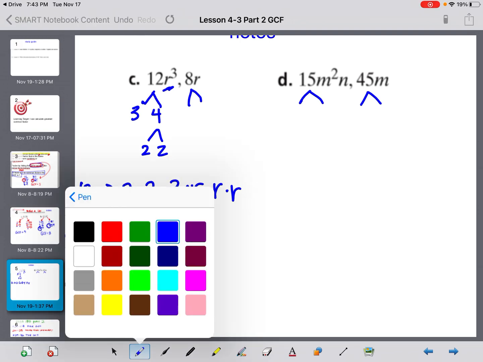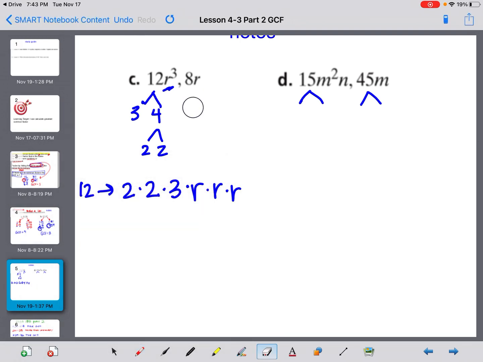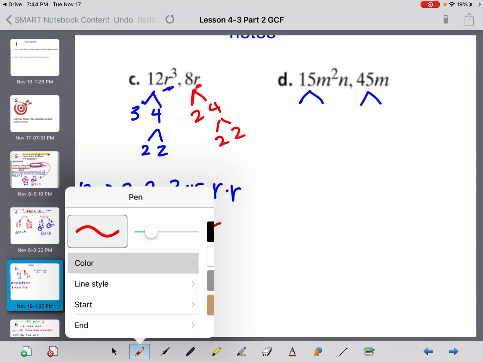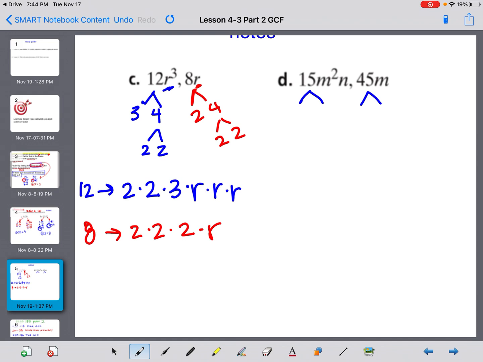I'm going to switch to another color for 8. 2 times 2 times 2, and then look, R. Okay, now I'm looking for the things that they have in common.